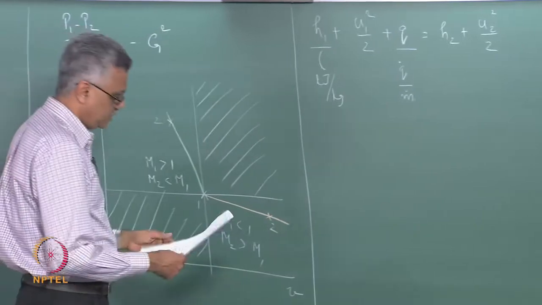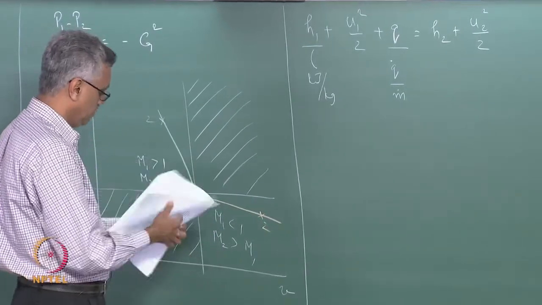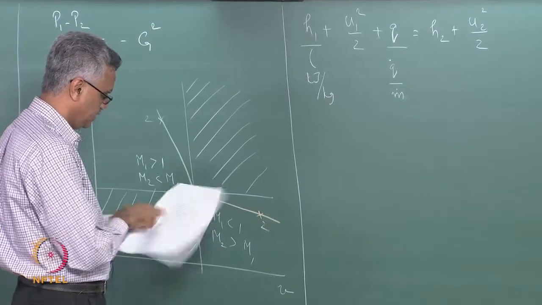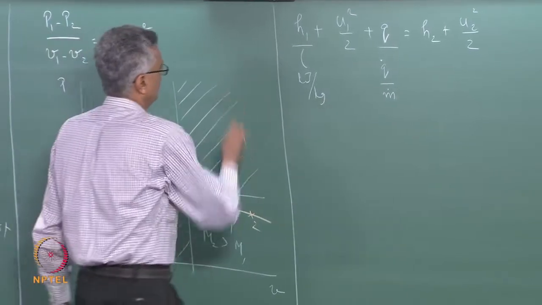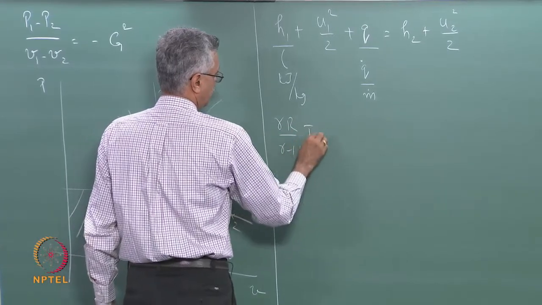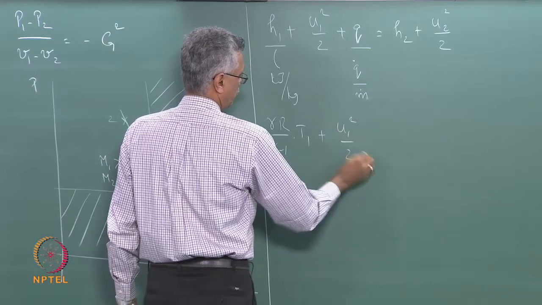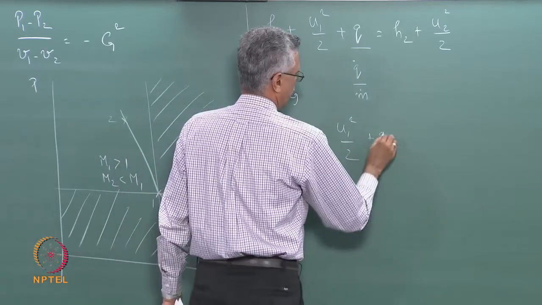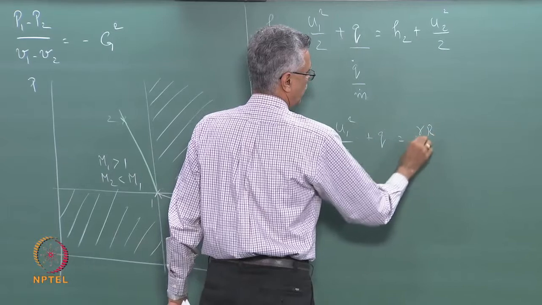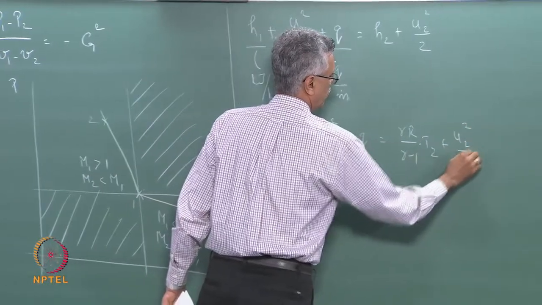So, this is our energy equation, and if I do the same thing that we did earlier, for example, if I write this as gamma R over gamma minus 1 times T1 plus U1 square over 2 plus Q equal to gamma R over gamma minus 1 times T2 plus U2 square over 2.